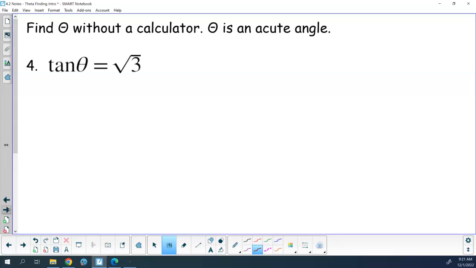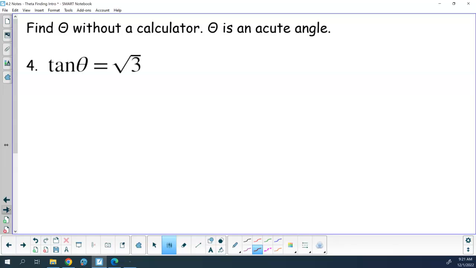Excuse me. Okay. So first off, theta is an acute angle, so again, I'm looking in quadrant 1. Do I need to look at pi over 4? Why not? Well, look at x and y at pi over 4. Do you see a square root of 3?